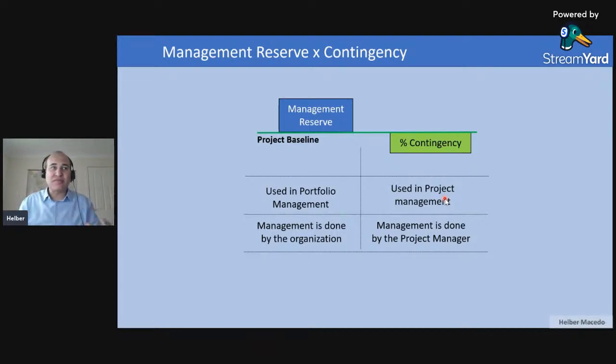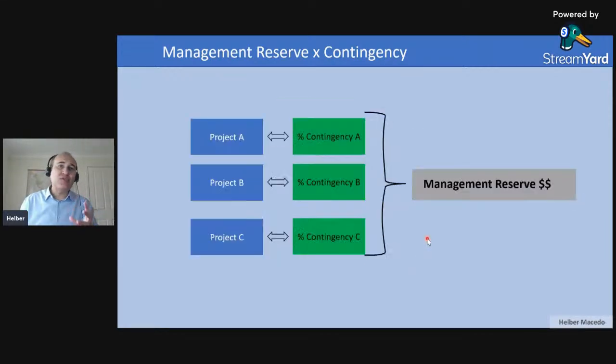This is another difference. And of course, when I have both pockets, management reserve and contingency, management reserve is managed by the organization, and the contingency is managed by the project manager. So I will try to give an example using contingency and management reserve together.